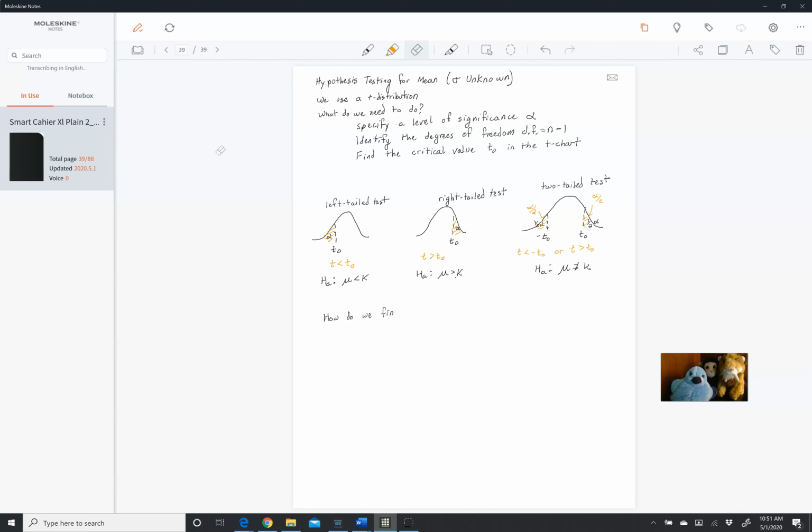And when I say that, I mean, how do we find the critical value in the t-chart? These things in orange, I'll put that in here. What you see here that I put in orange, these are the rejection regions that we talked about in the last lecture.